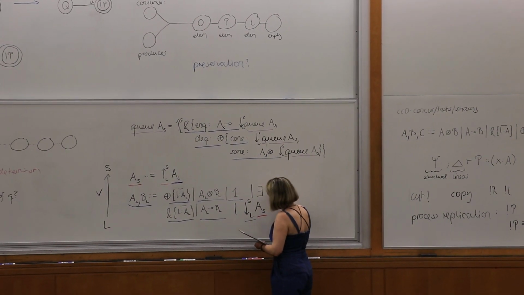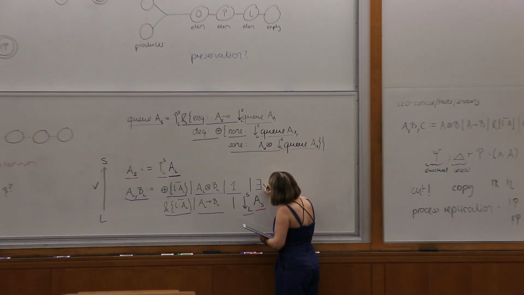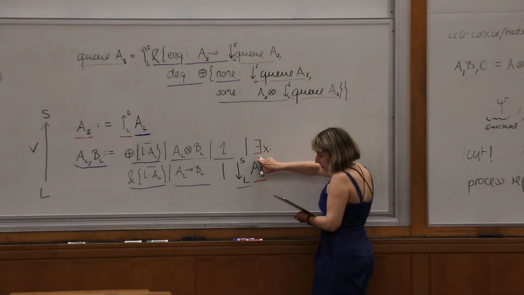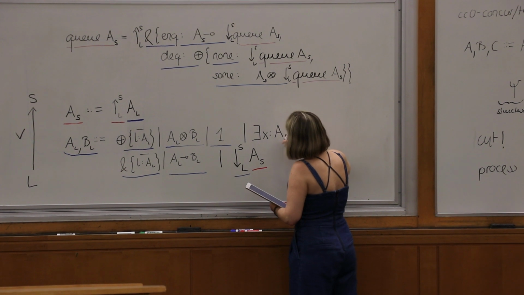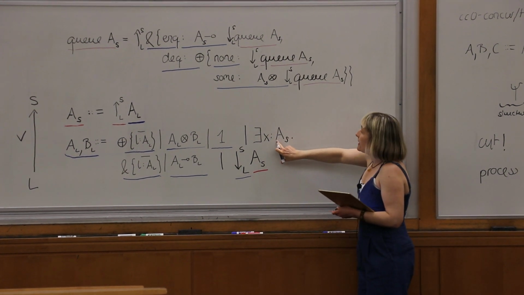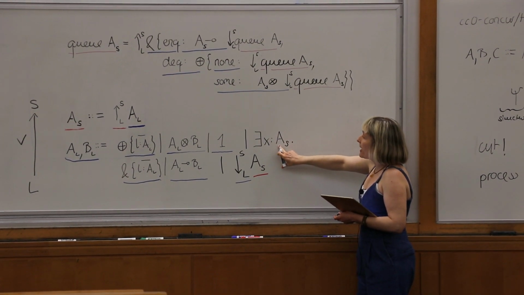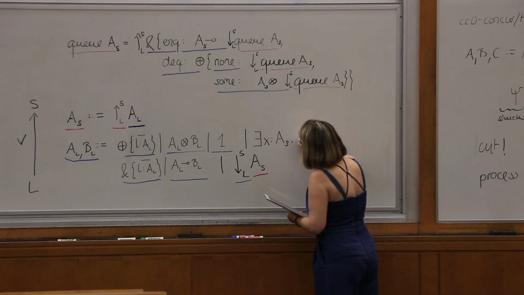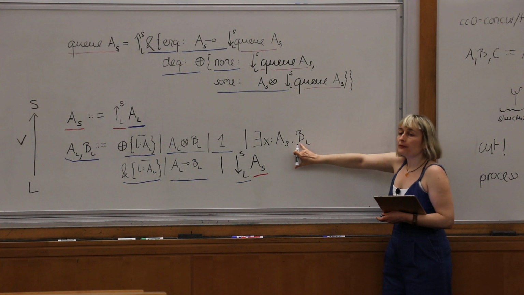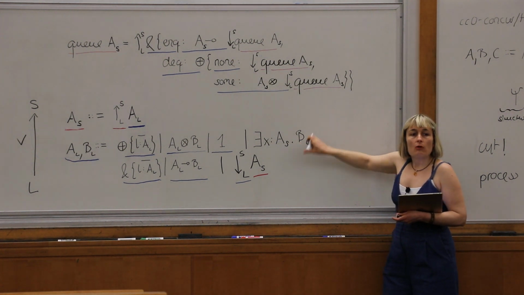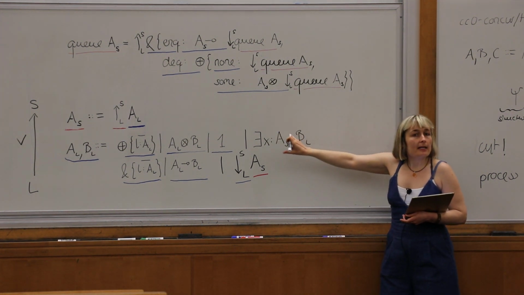For a shared channel output, we use the existential. It allows us to send a channel of type A sub S and continue as a session of type B sub L. So it's still at the linear mode.